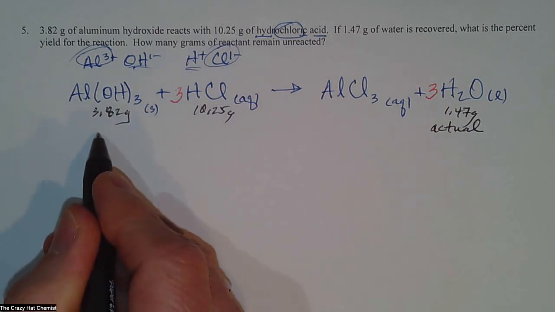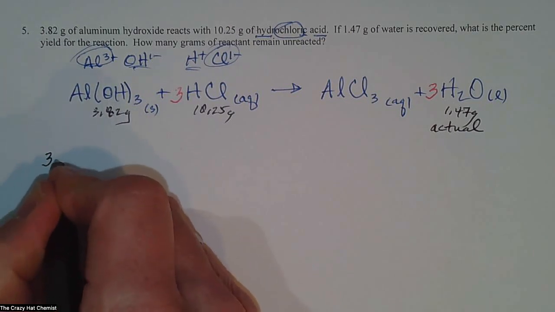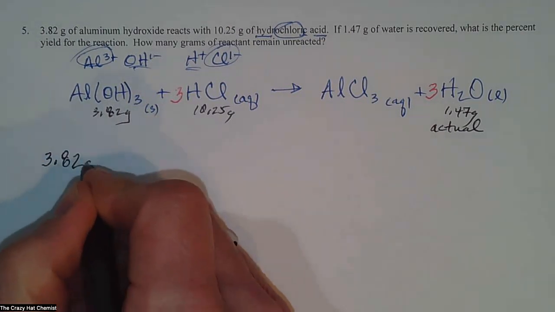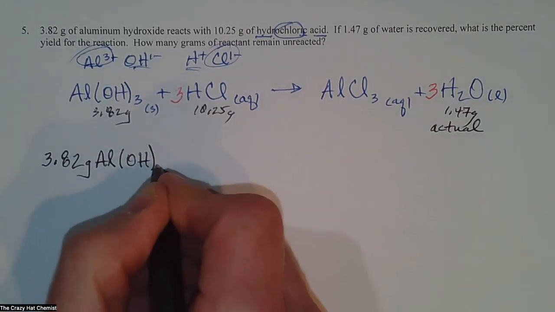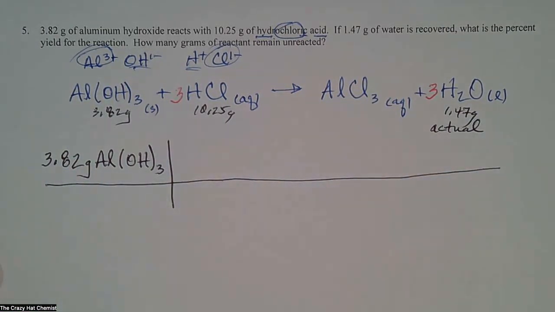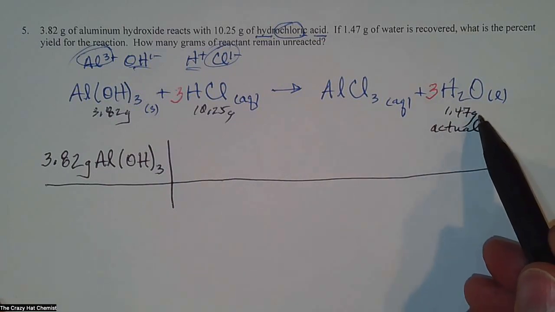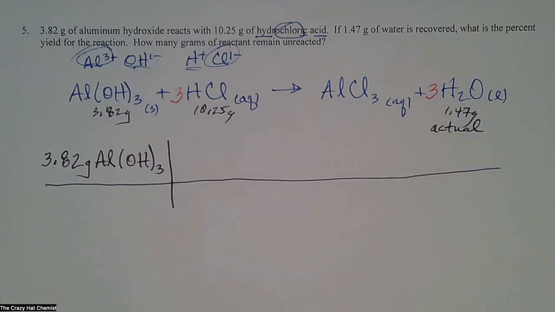So we're going to start off with our 3.82 grams of aluminum hydroxide, like thus. And we're going to take this all the way to grams of water. Again, why grams of water is because I have a value for the water, and that way it will allow me to get a percent yield.